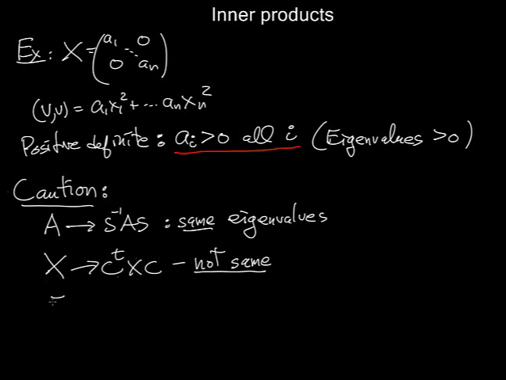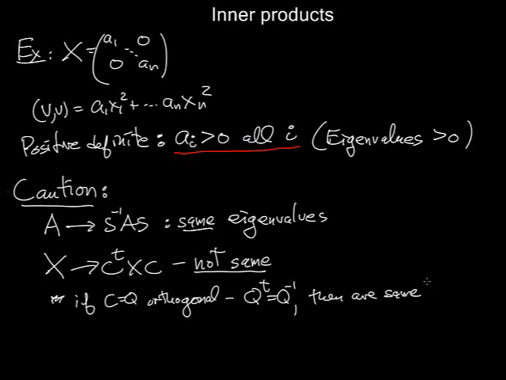There's no reason that it should. If C is equal to Q, then it's true because Q transpose is equal to Q inverse. But C here is an arbitrary matrix. It's not required to be orthogonal. So let's look at an example.